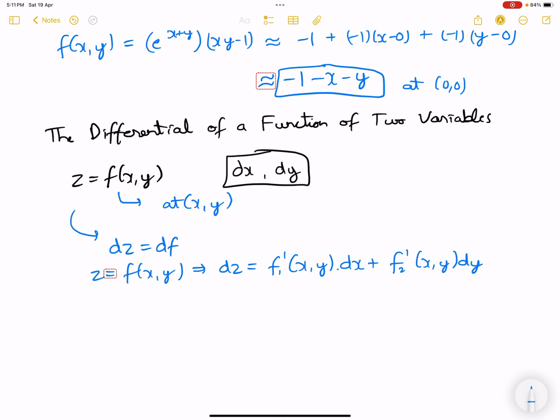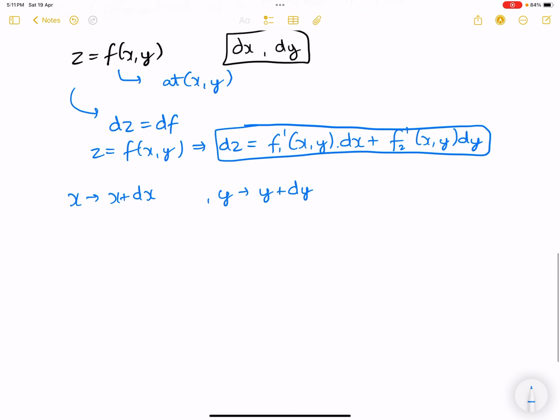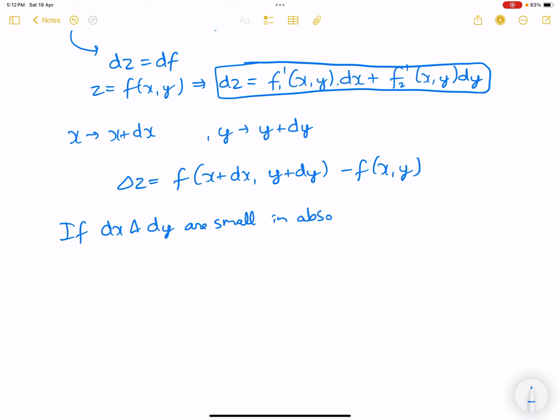So we are differentiating first with respect to x, then with respect to y. So basically when we change x to x plus dx and y to y plus dy, the change in the objective value, that is the change in z, would be f(x plus dx, y plus dy) minus f(x,y). So our objective value is changing by this much. And one more thing, if dx and dy, the changes in x and y, are small in absolute value, then the change in z can be approximated by dz.